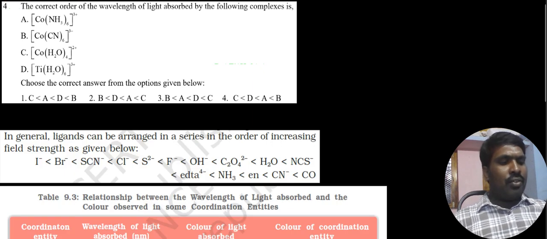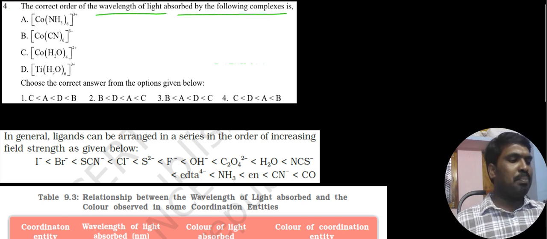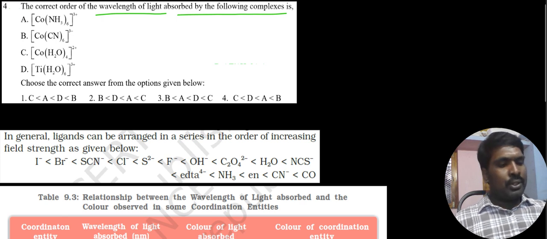The correct order of the wavelength of light absorbed by the following complexes is: Co(NH3)6 3+, Co(CN)6 3-, Co(H2O)4 2+, Ti(H2O)6 3+. Choose the correct answer from the options given below. Here, the wavelength of light absorbed by the following complexes is asked. So in which complex is a weak field ligand present?